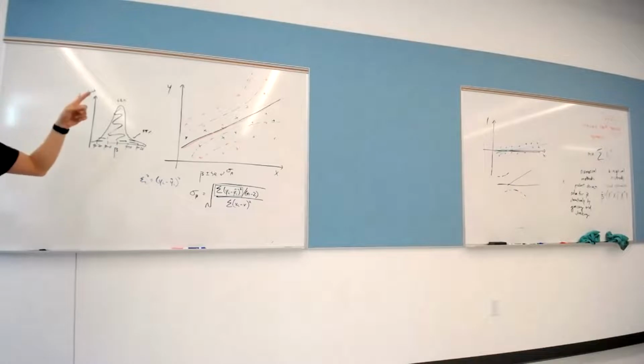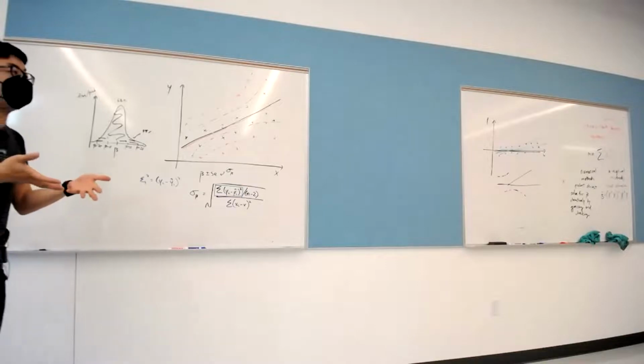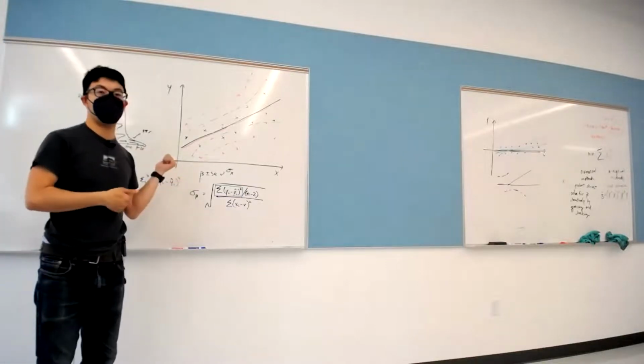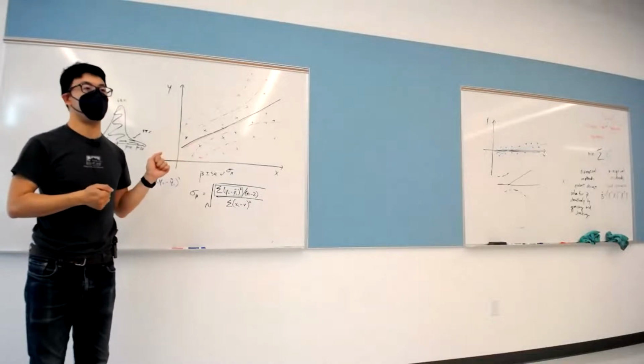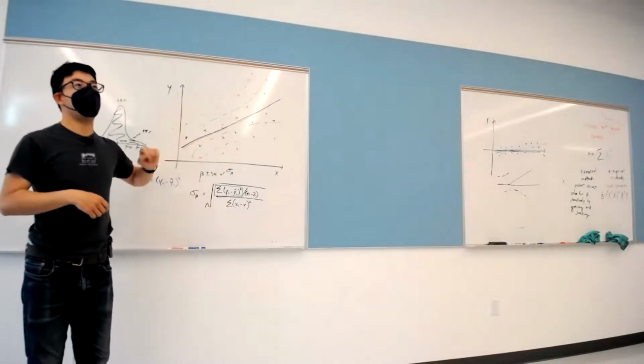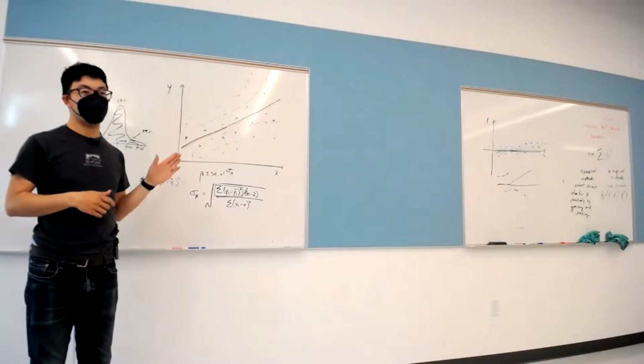One of the things to keep in mind is that, unfortunately, a lot of people commonly equate the goodness of your model, how good my model is, to this idea that you have demonstrated statistical significance. People will say, oh, I have this model that has statistical significance at the 0.1% level.